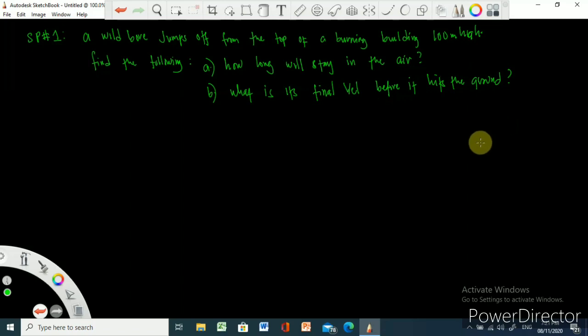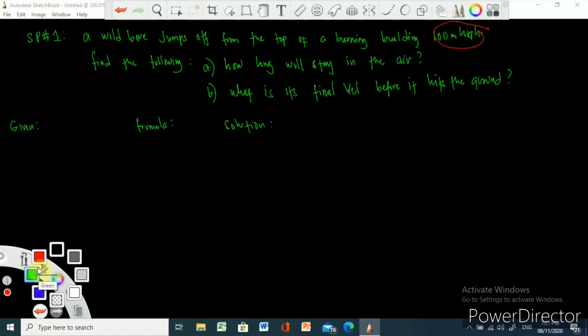Okay, so again, as usual, you have to write the given, formula, and the solution. Okay, so what are the given? Well, syempre, you have the height, 100 meter.